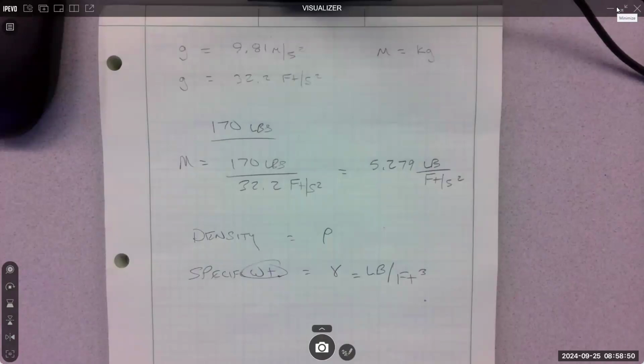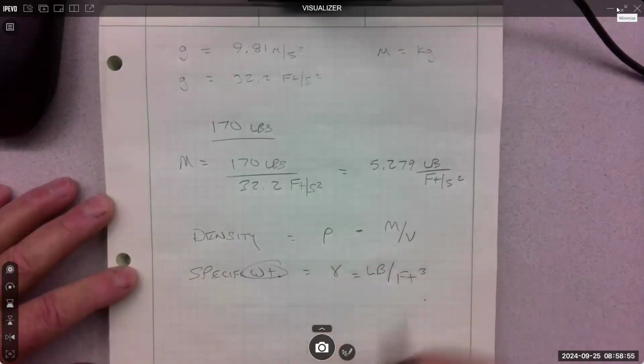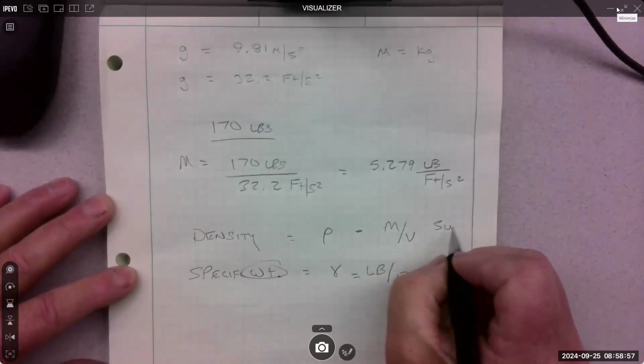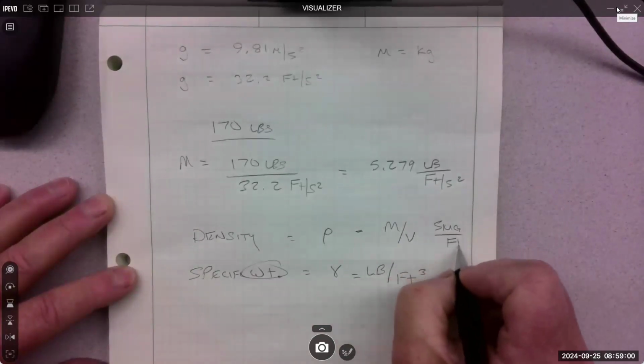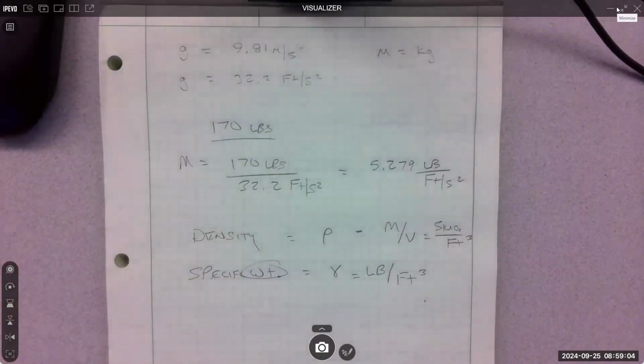Density uses mass, so density is going to be mass over volume, a slug over feet cubed. The only difference between these two is the gravitational constant. When we talk density, we're going to talk mass per volume. When we talk specific weight, it has weight in it, pounds per cubic foot. That makes sense? All right. That's the way the book does it, and that's the way we're going to do it.